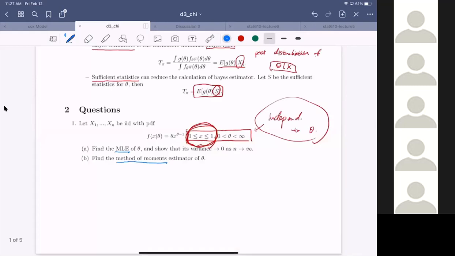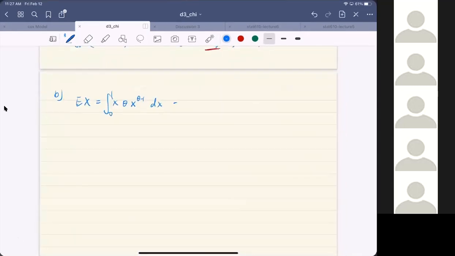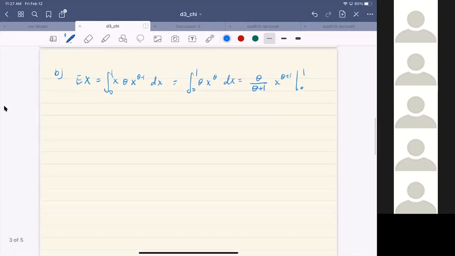So this is equal to the integral from 0 to 1 of theta x to the theta dx. And this is theta over theta plus 1 times x to the theta plus 1 from 0 to 1. So this is equal to theta over theta plus 1.